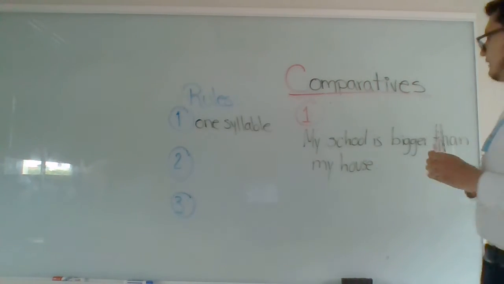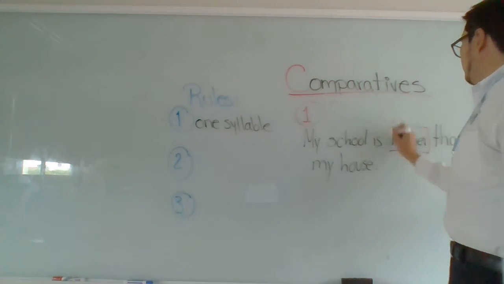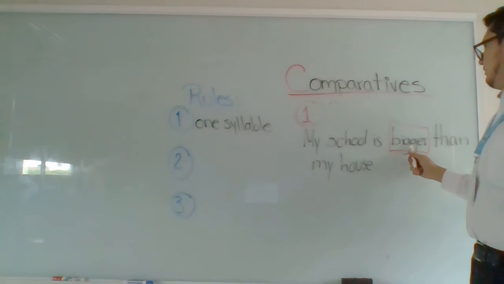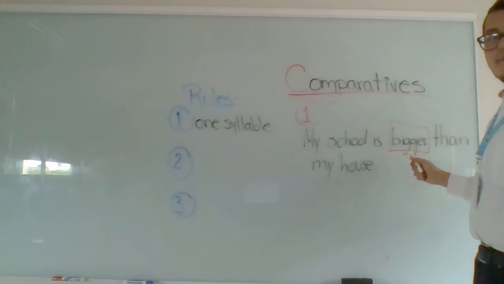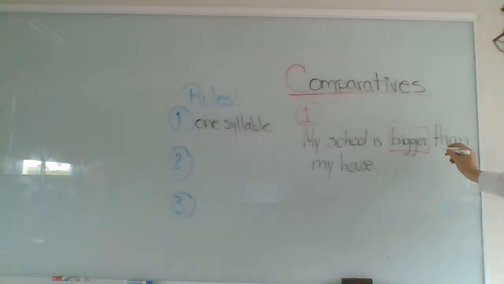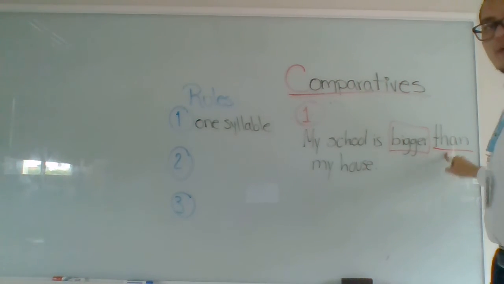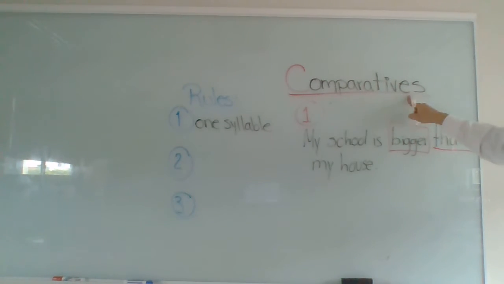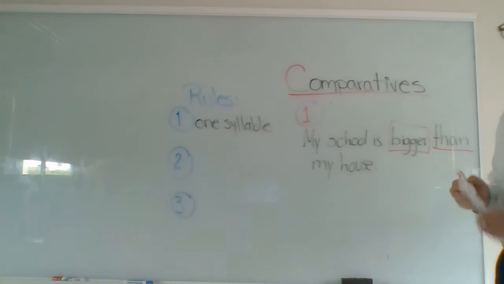Okay, in this case, the comparative, bigger. Remember, consonant, vowel, consonant, double the last consonant, ER. And very important, never forget than. We use it always in comparatives. Don't forget than. My school is bigger than my house.